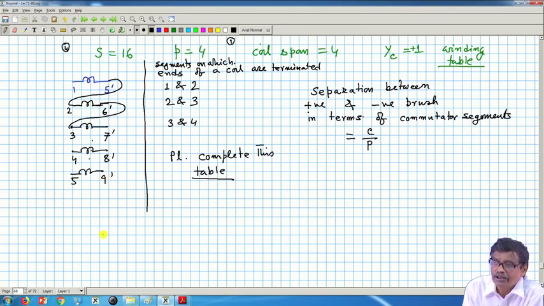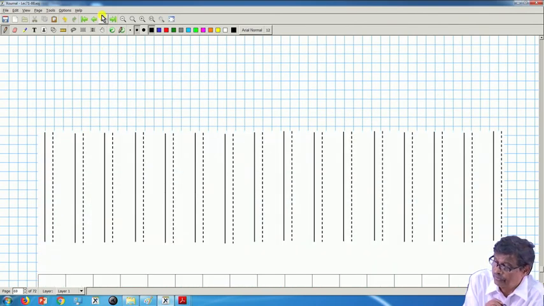There will be 16 coils and all of them are in series. And assume coil sides 1, 2, 3, 4 under the north pole, put plus plus here and so on. We have discussed that. Now, let us come to wave winding.